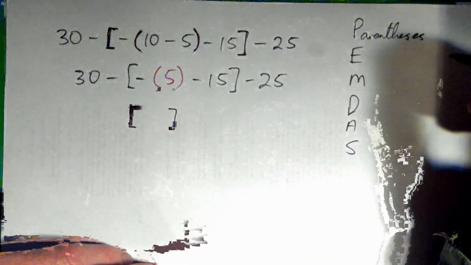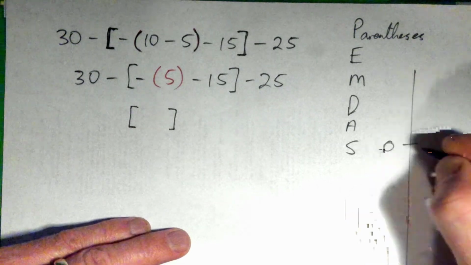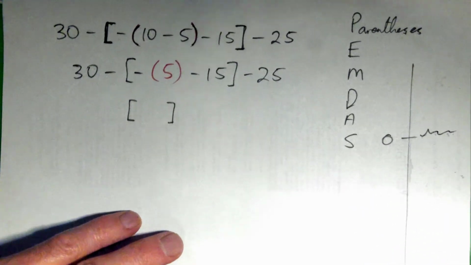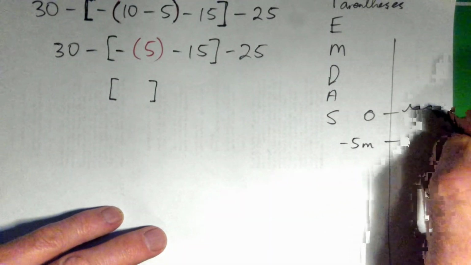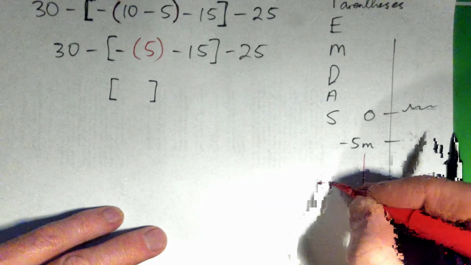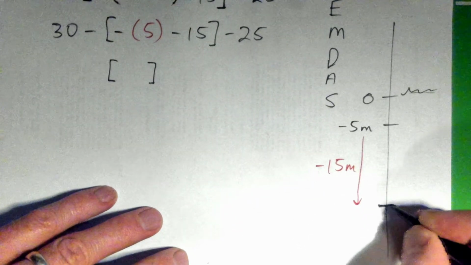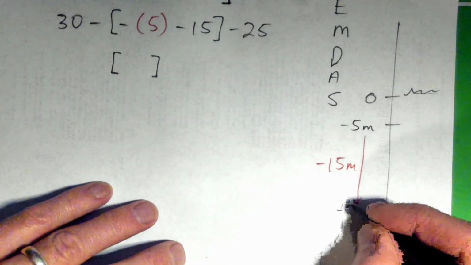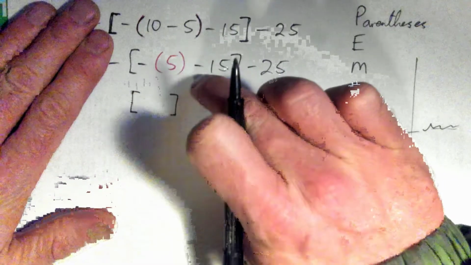Or if you think about diving, here's sea level at 0, and you dive 5 meters below the sea, but then you go down another 15 meters. What will be your elevation at that point? Right, you're at negative 20. So that's what it's supposed to mean. It's like negative 5, subtract 15.